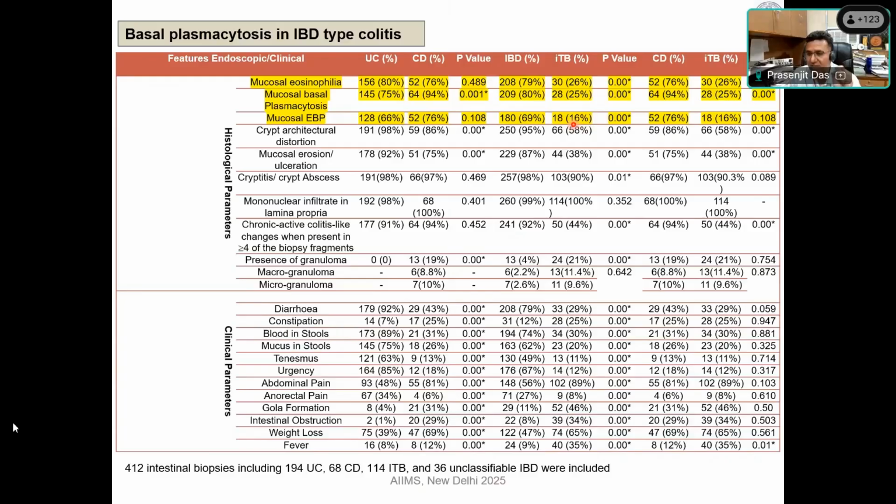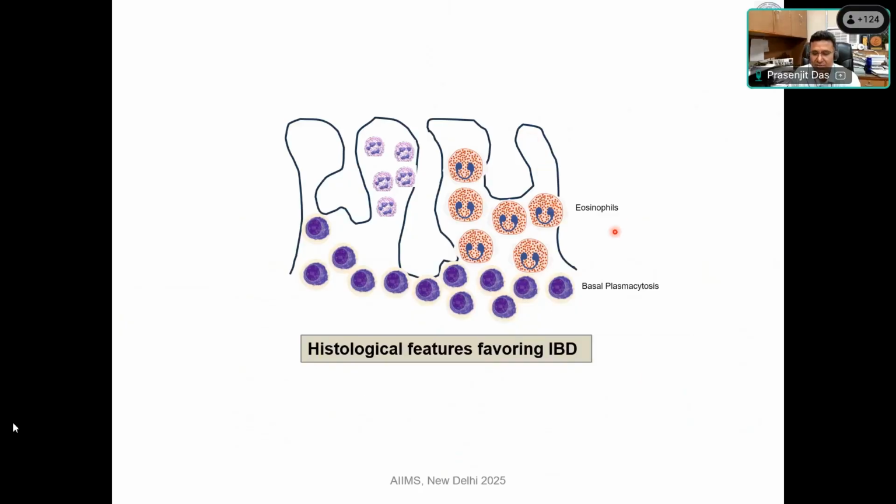In the ileocecal junction, due to anatomical constriction, we see some eosinophilia and some basal plasmacytosis even in normal physiology. That's why, in ITB, most of the cases are diagnosed on ileocecal biopsies, so you see a few cases where we have identified eobaso. But if you see it in colonic segmental biopsies and identify these features, then it will help you differentiate IBD versus non-IBD.